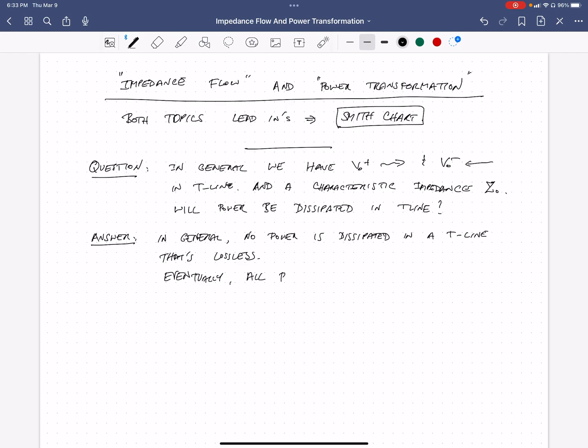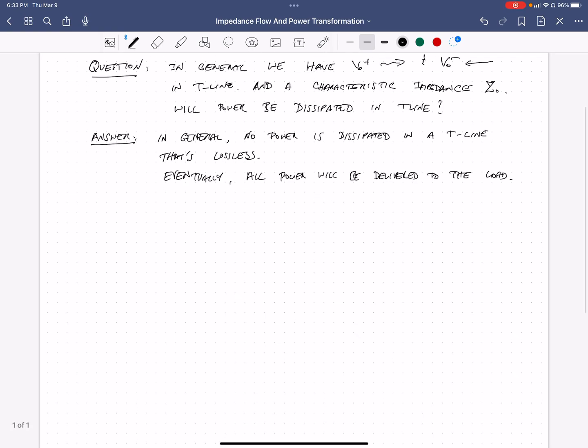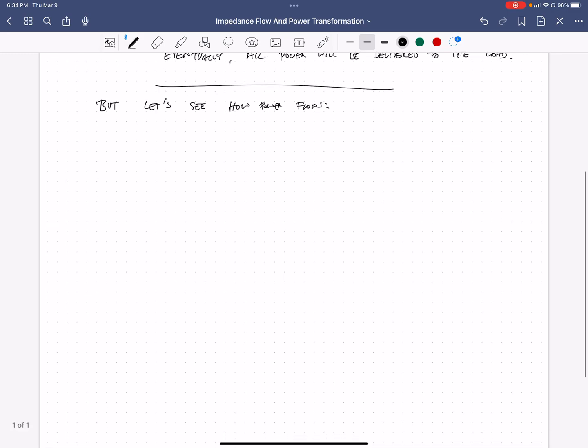So eventually all power will be delivered to the load. But let's see how power flows around. This is the concept of power flow.